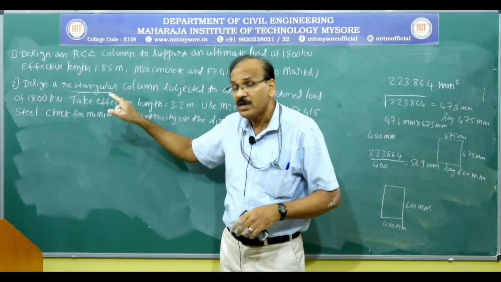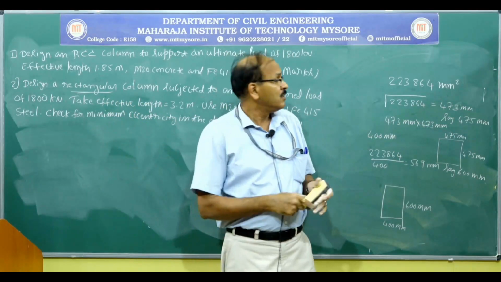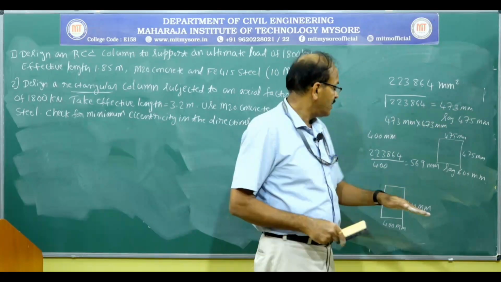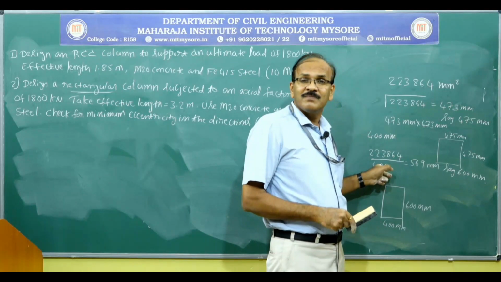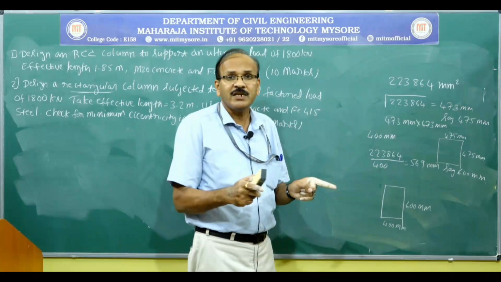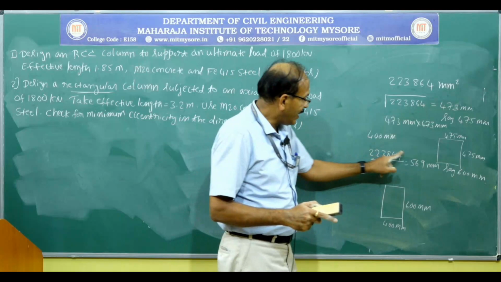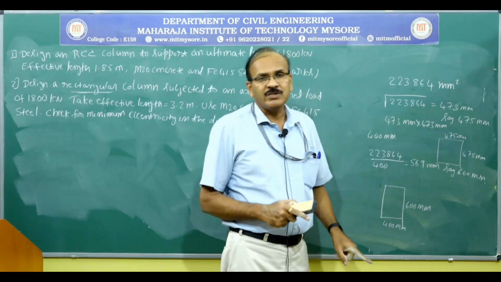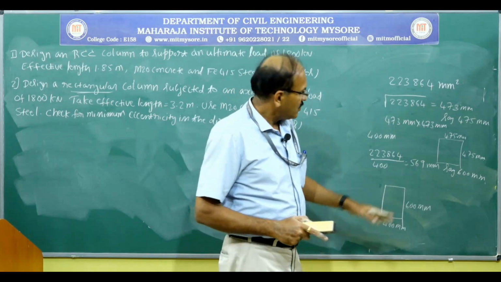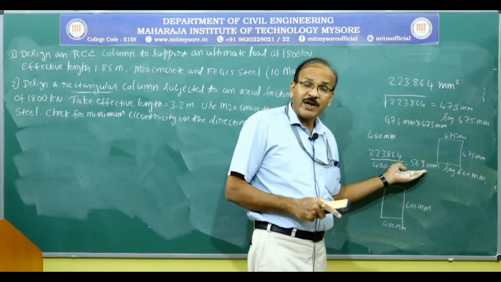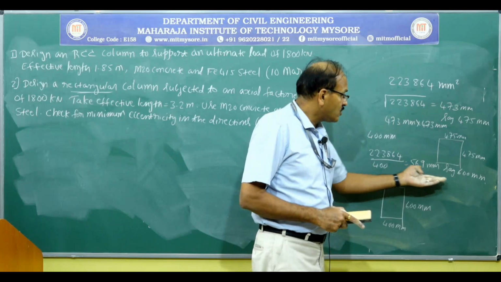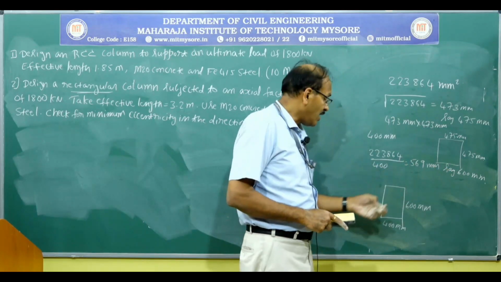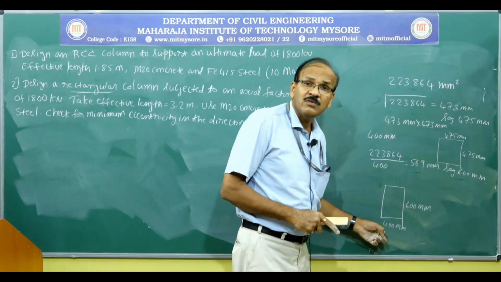Because the problem says it should be a rectangular column, reduce 473 below that value, say 400. So one dimension is fixed in a rectangular column. So total area divided by 400, we get the other dimension of the rectangular column. Of course we are not going to provide this fractional value for a column. So we go for a higher value, which is 600 millimeter. Now we know the dimensions of the column.